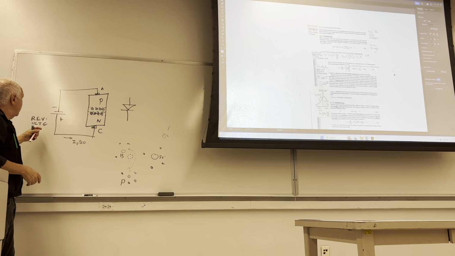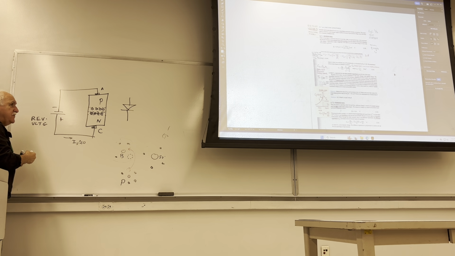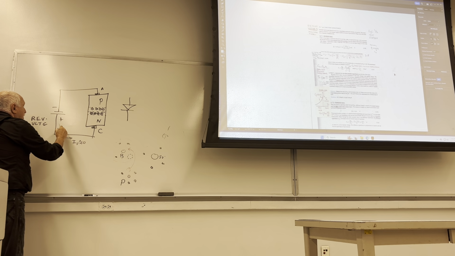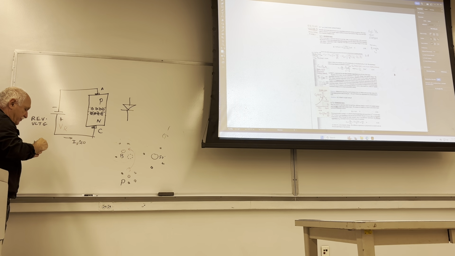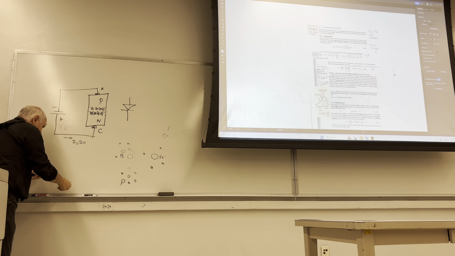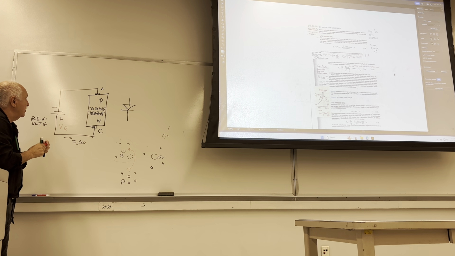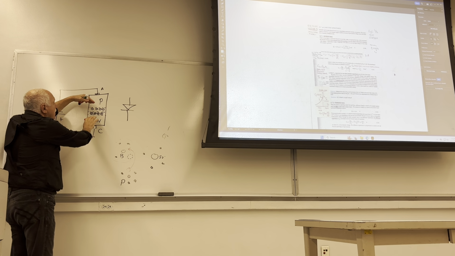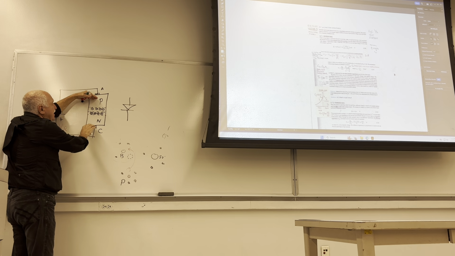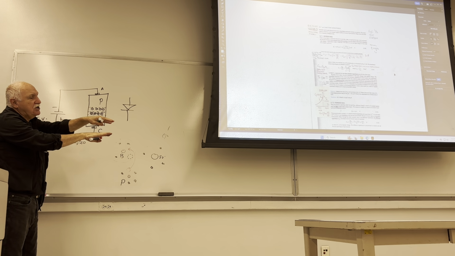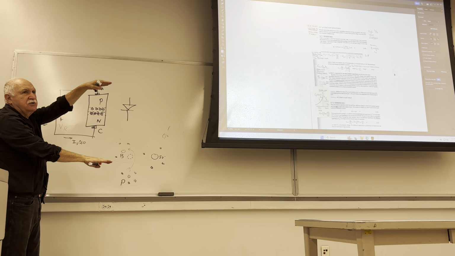Effect of reverse voltage. If this reverse voltage is called VR, and you increase the VR, the depletion layer will start widening. As it widens, it's like parting the two charges from each other.